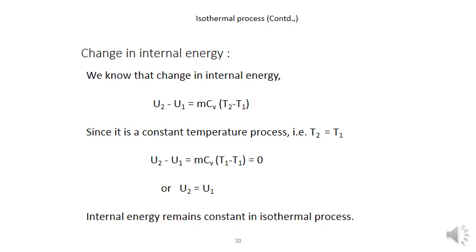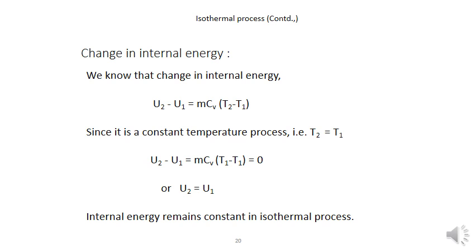Similarly, for isothermal compression, W is negative and Q must also be negative. That is, the heat energy must be rejected from the gas during the compression to maintain constant temperature.